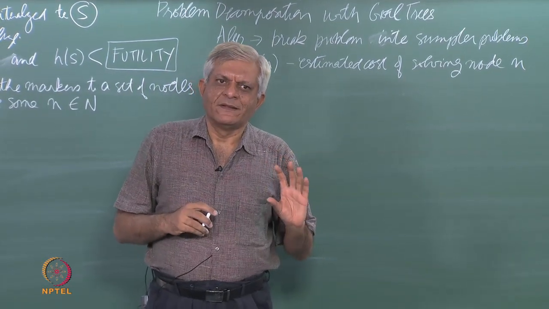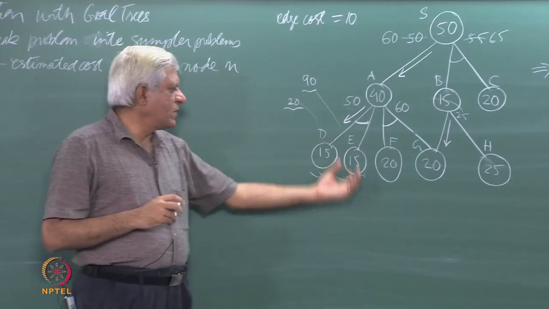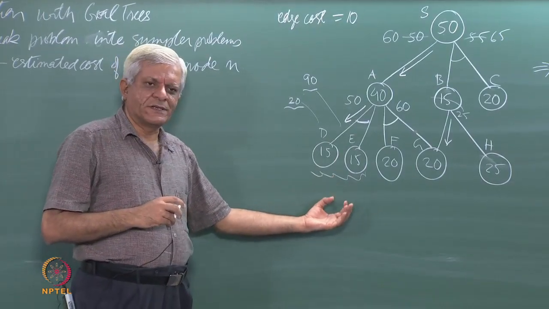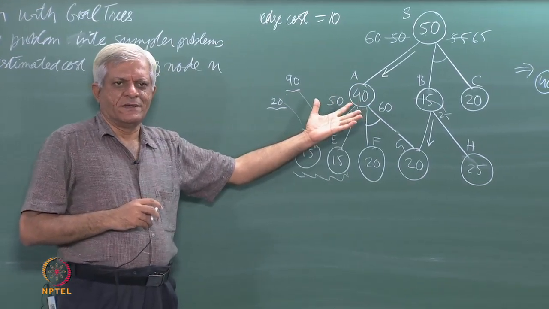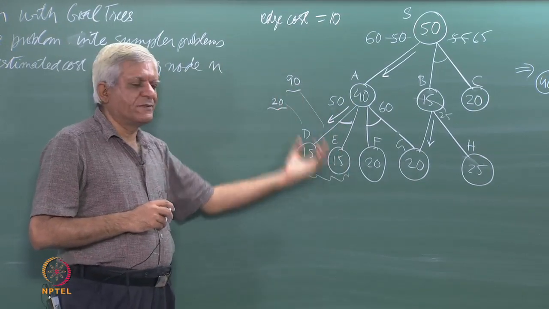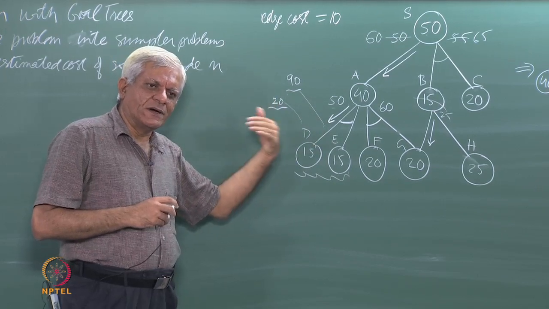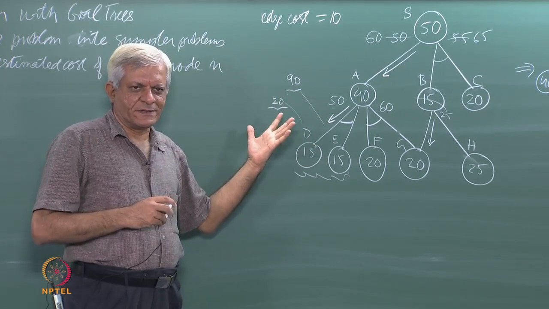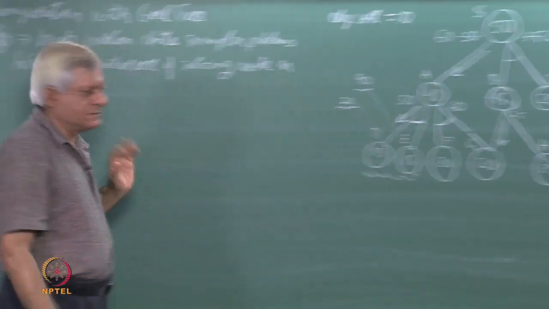The idea being that if you solve for D and then for E and then the solution cost shoots up, then you will anyway have to shift attention to the other side, so that extra work would be wasted. Whereas, if you try to solve the more expensive thing first, then you will get to know early whether it is too expensive or not. That is the only idea, but if you have to solve for both, you have to solve for both.